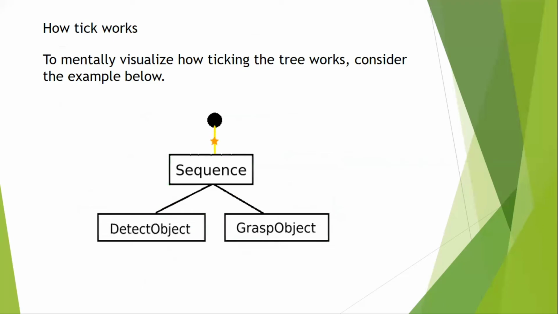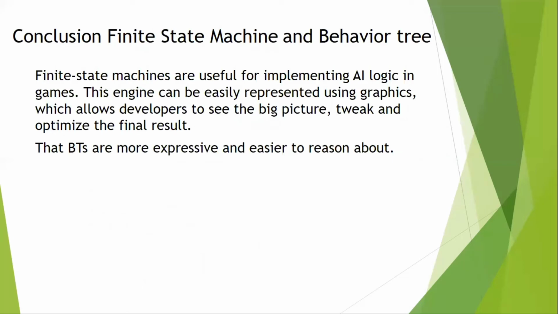How tick works: from the sequence to detect object and grab object. As we introduced above, there are several abstractions to help design complex behavior for an autonomous agent.